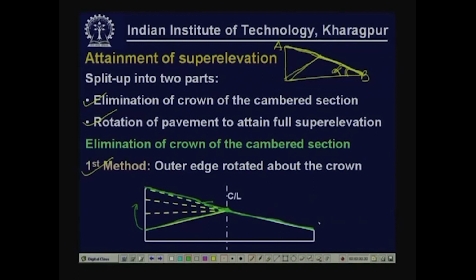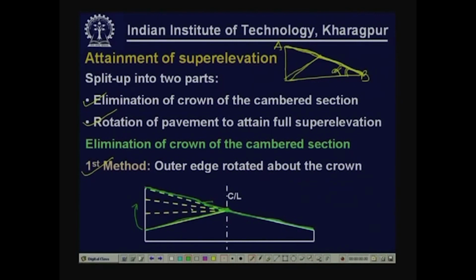That way we get a uniform section where the slope is equal to the camber. Obviously, this is done gradually over a length of the road. Suddenly, this cannot be done.